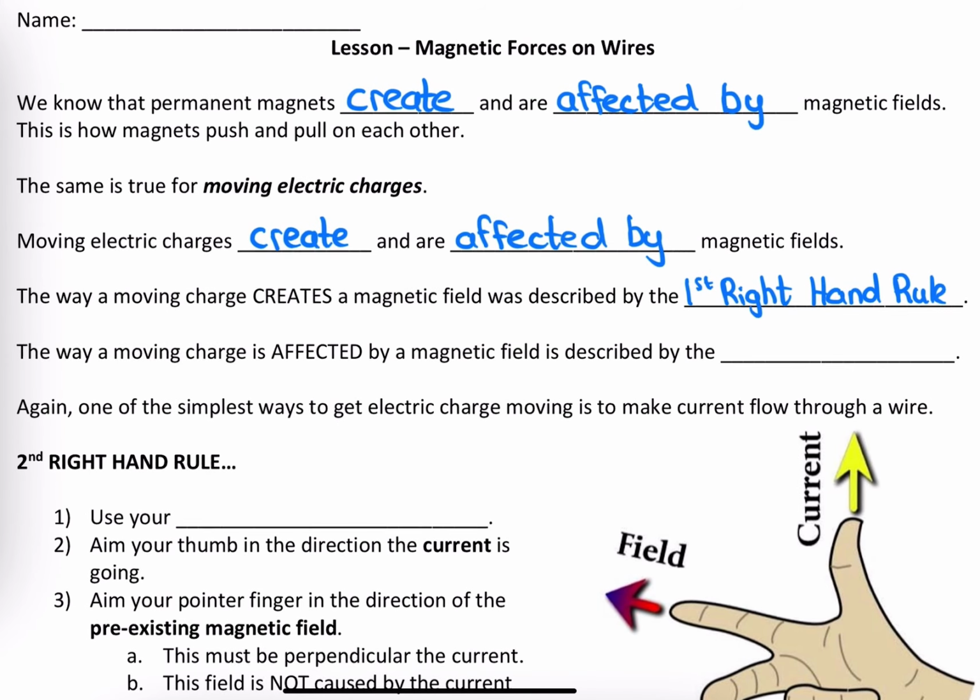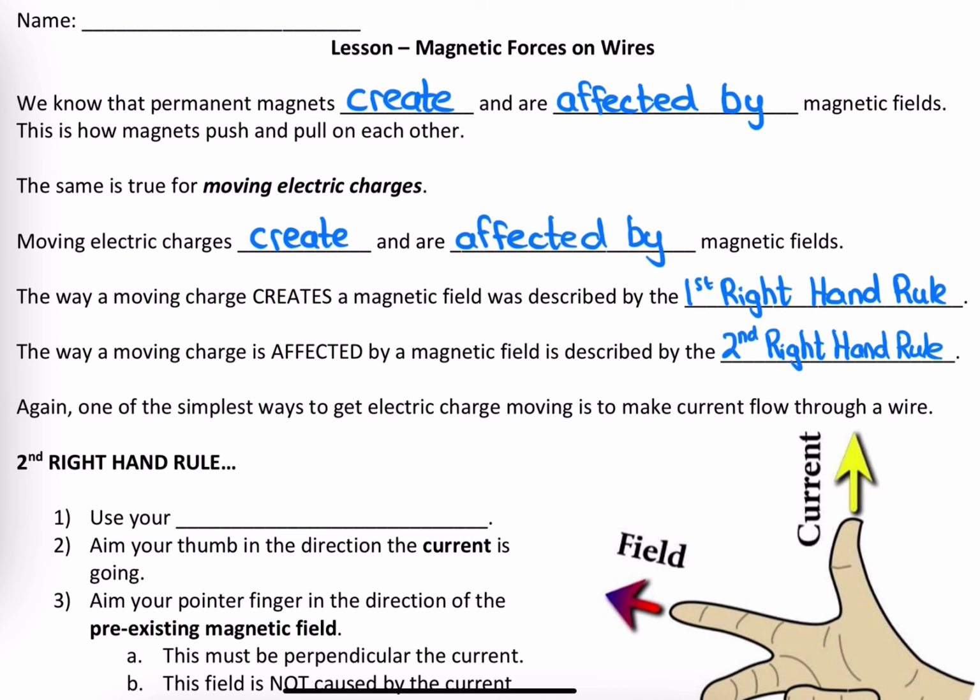The way a moving charge is affected by a magnetic field is described by what we're going to learn shortly, and it's called the second right-hand rule. So we've got one right-hand rule that tells us how a moving charge creates a magnetic field, and another right-hand rule that tells us how a moving charge will be affected by a magnetic field.